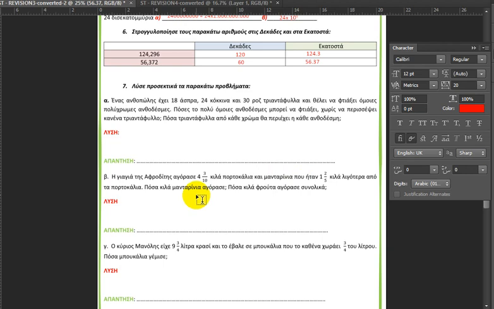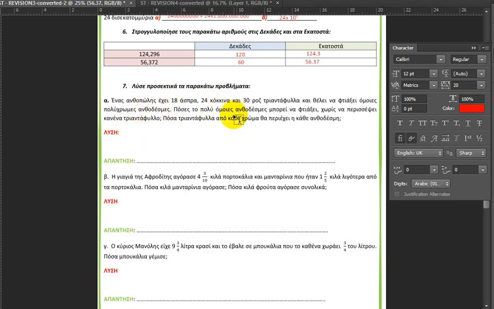So, this might seem a little odd, but if you remember, we solved problems like this when we were doing factorization, when we were trying to figure out the greatest common factors of numbers.